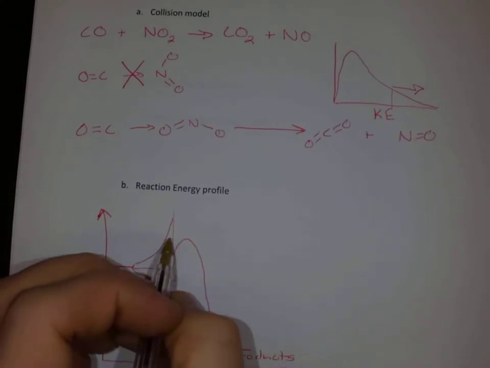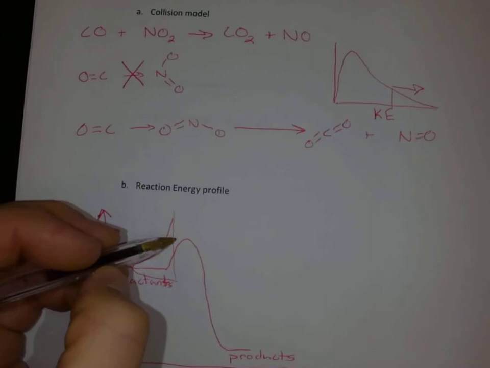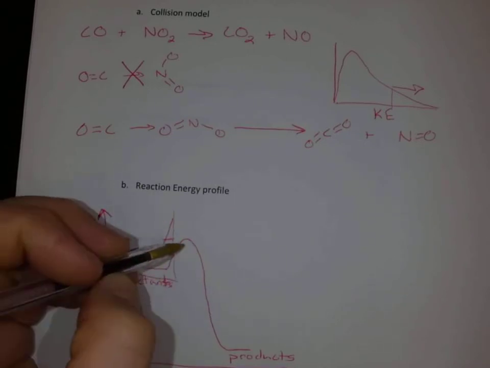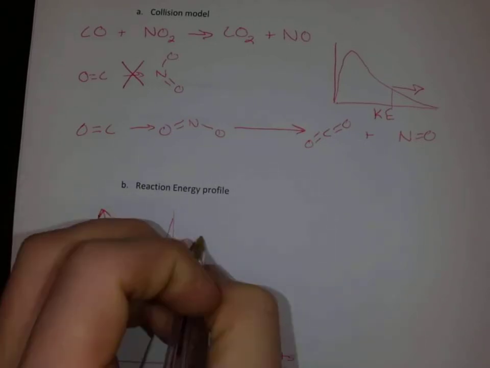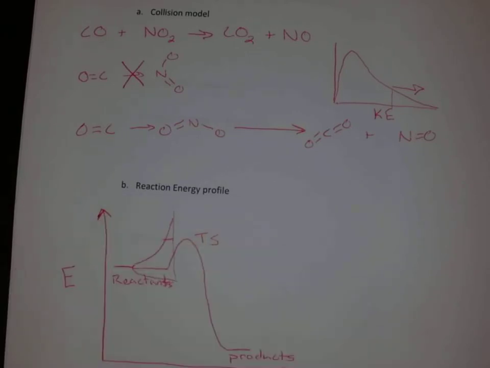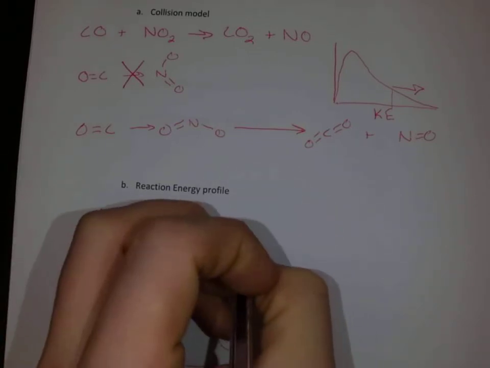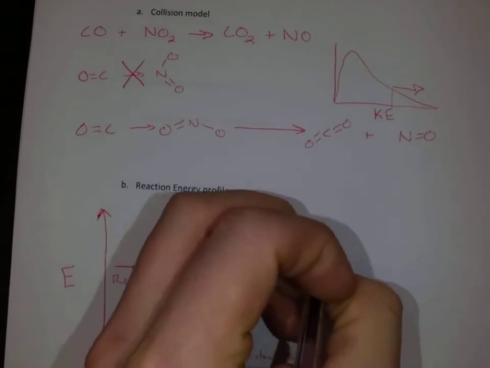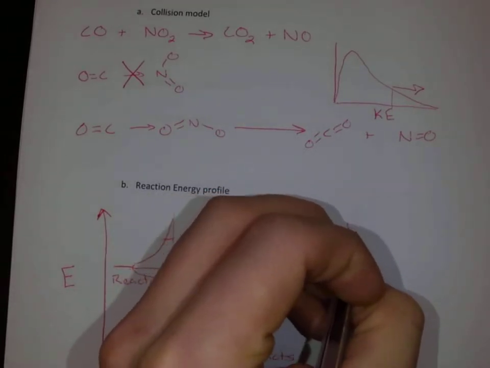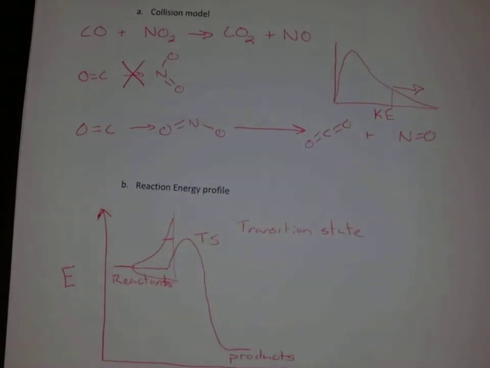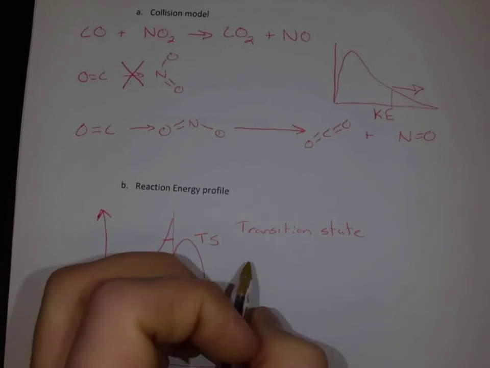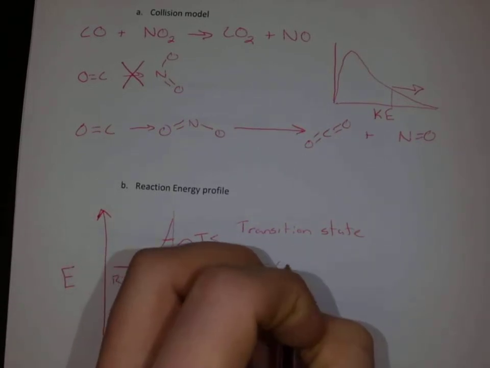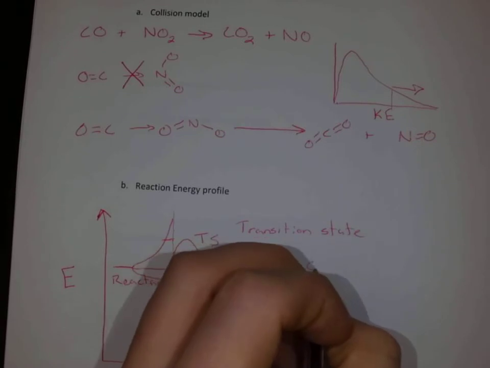So all of these molecules that have enough energy that they're up here are going to be able to go over the transition state. This is our transition state, okay? So this is where we think we've got this carbon interacting with the oxygen.